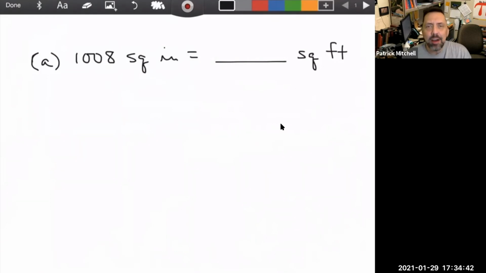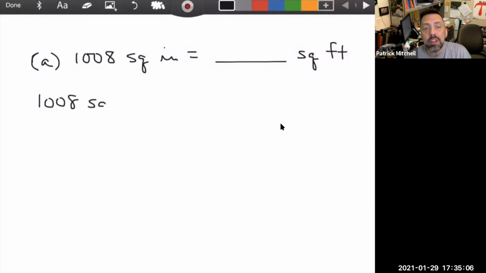All right, so we're talking about unit conversions. Let me show you the method that I was just telling you about. In this problem, we're converting 1,008 square inches to square feet. So what I'm going to do is write down 1,008 square inches.